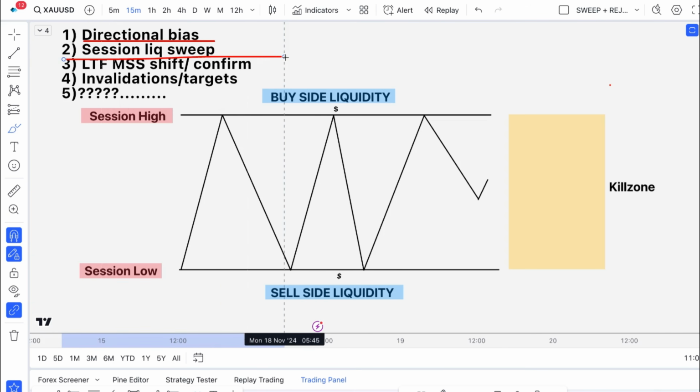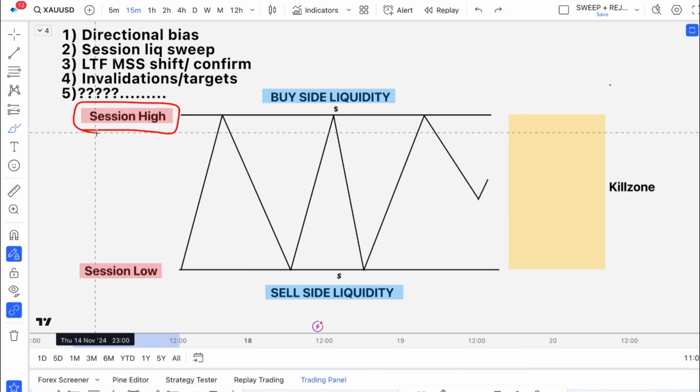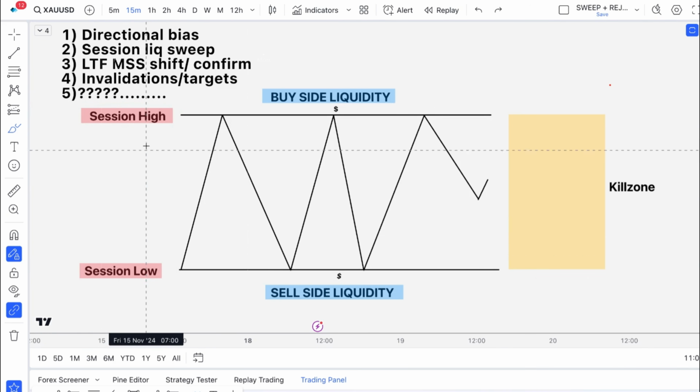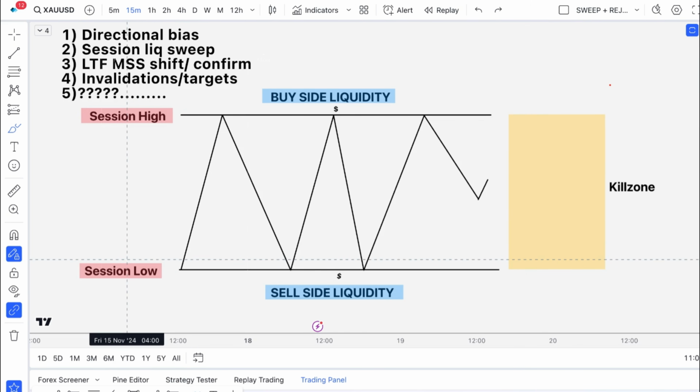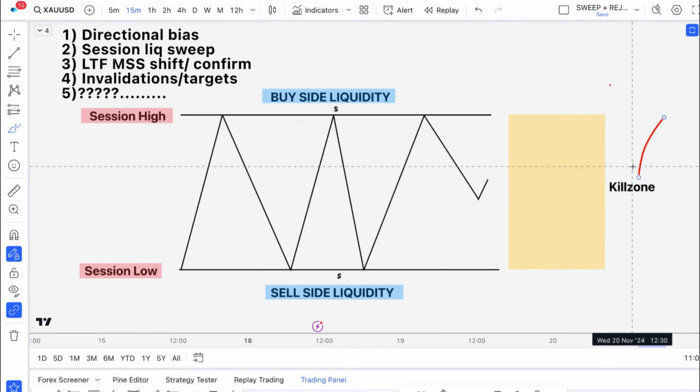Step number two is we need to see a session-based liquidity sweep. And what you can see right here is we have the Asian session high and we have the Asian session low. Okay, this could be the London session high and the London session low. It doesn't really matter. The point is during a kill zone, so this is a kill zone right here.